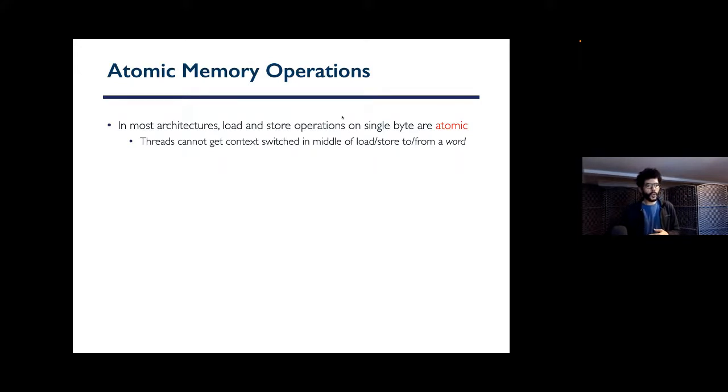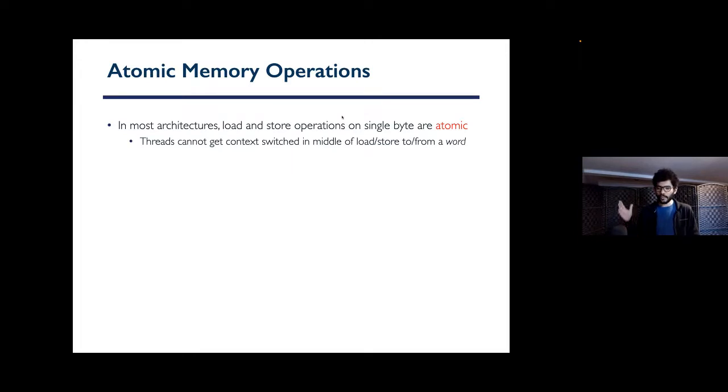The instructions that happen atomically, meaning that you cannot get interrupted in the middle of them, are few. For example, if you're doing a load or a store on a single byte, like one single word, in most architectures it's considered to be an atomic operation.